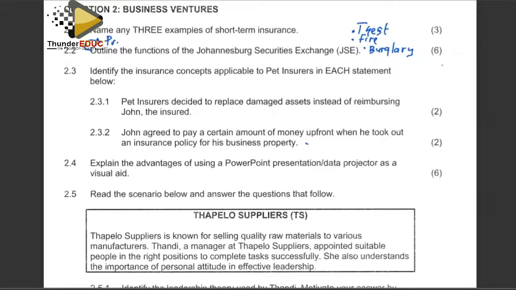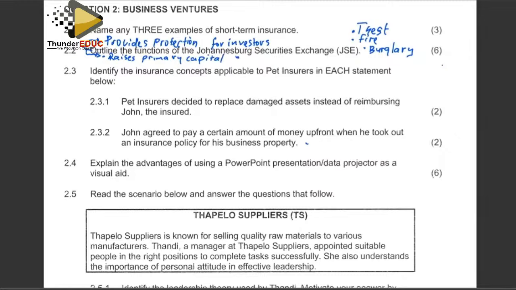Provides protection for investors. Also, we are saying that it raises primary capital.